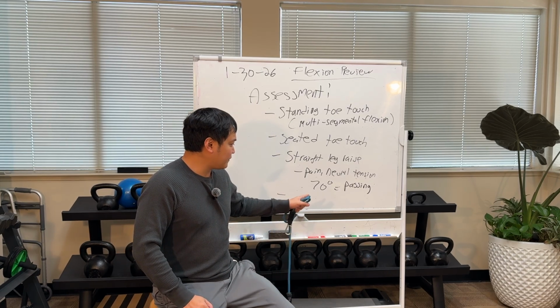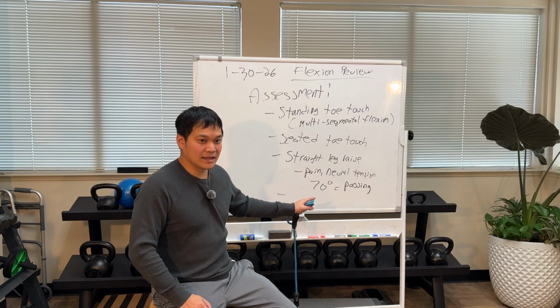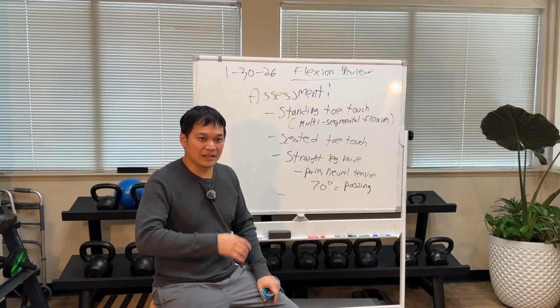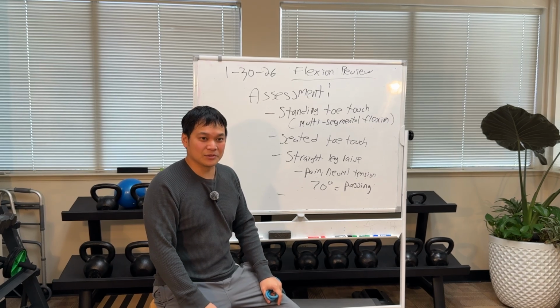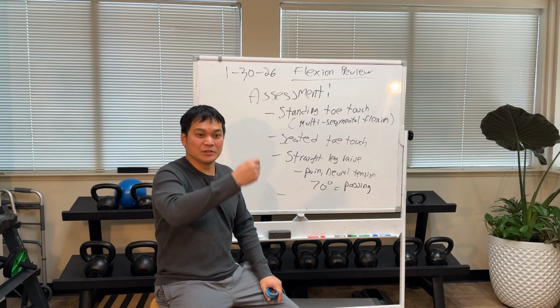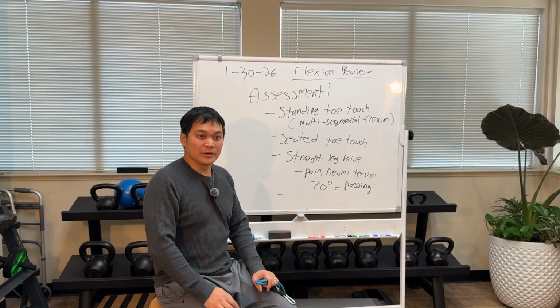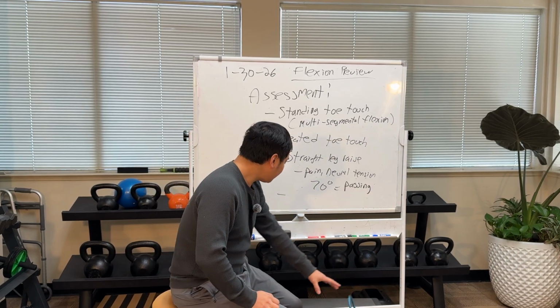So even if they have like 30 degrees, a non-passing test, we're still looking above, because the answers to what you're looking for are more than likely going to be above where they feel the pain and the tension. That's just from experience. Makes sense.